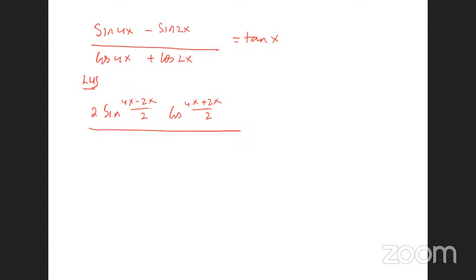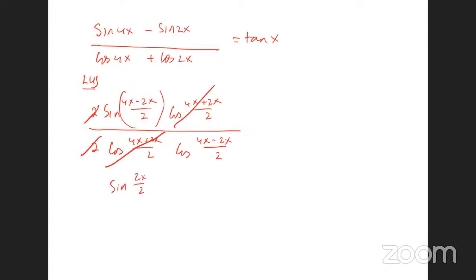The denominator is 2 cos (4x plus 2x) on 2, cos (4x minus 2x) on 2. The usual thing will happen. This will cancel off and you'll be left with sine 2x on 2 all over cos 2x on 2. The 2's will cancel, and you'll get sine x on cos x, which is equal to tan x.